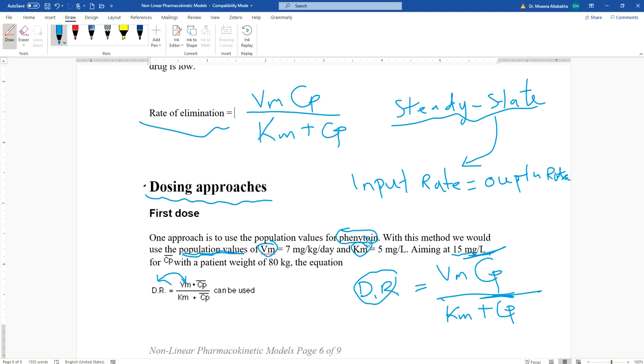Do you know what phenytoin is for? It's an anticonvulsant drug. Okay, so Vm is given as 7 milligram per kilogram per day, which means it relates to the weight of the patient. And the weight of the patient here is 80 kilogram.